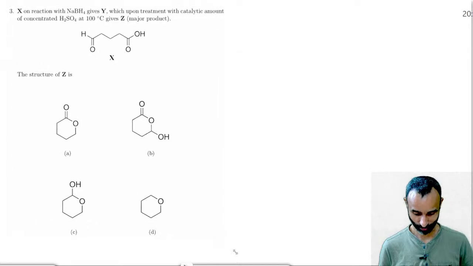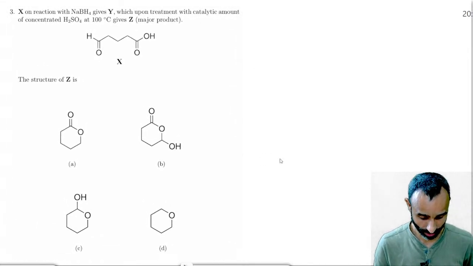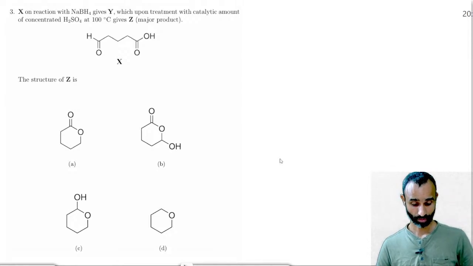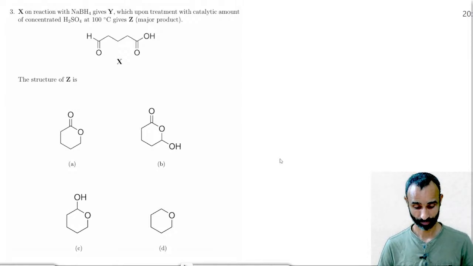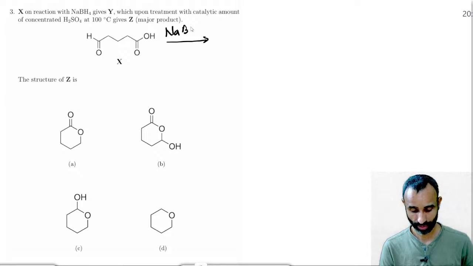Next is X, which on reaction with sodium borohydride gives Y. If we treat it with sodium borohydride, what will we get?